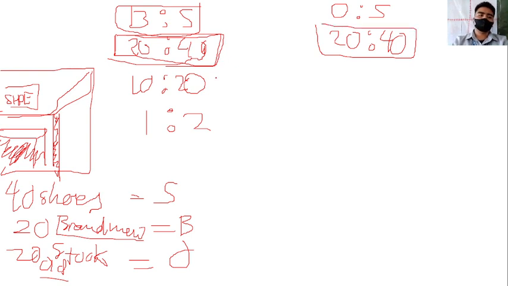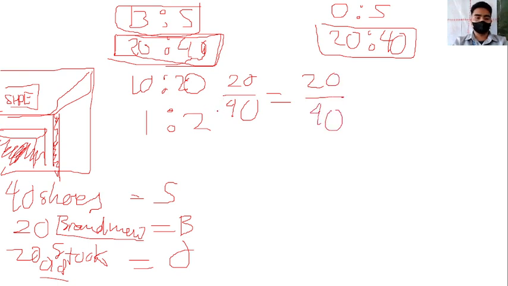What if the manager asks you, do the two ratios have the same proportion? We can write it in fraction form: 20 over 40 is equal to 20 over 40. Are they equal?